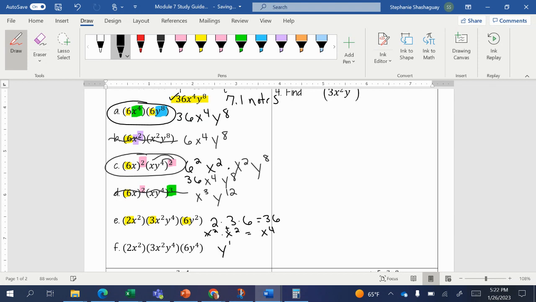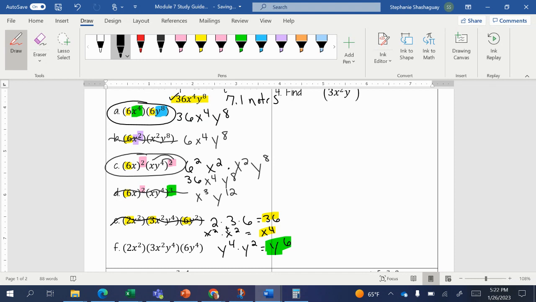And then we have y to the 4th times y squared, and that's going to be y to the 6th. Well, our 36 matches, our x to the 4th matches, but our y to the 6th does not. So that's not our correct answer.